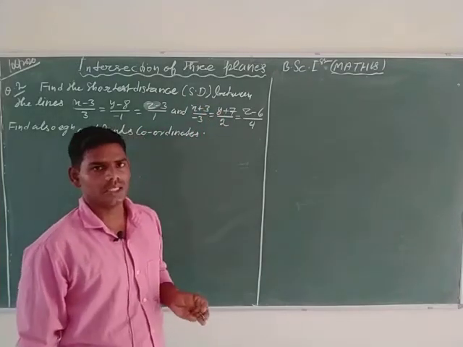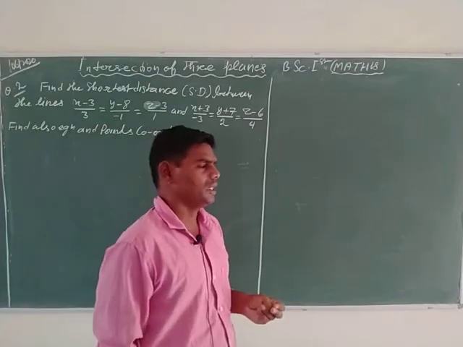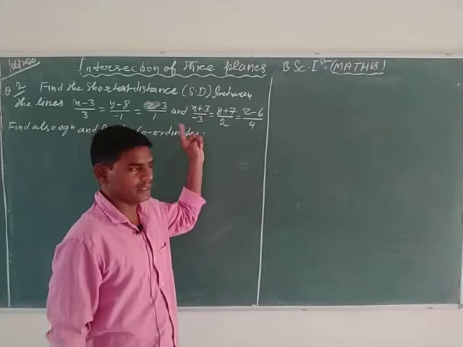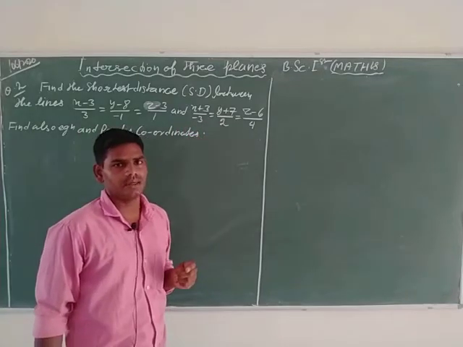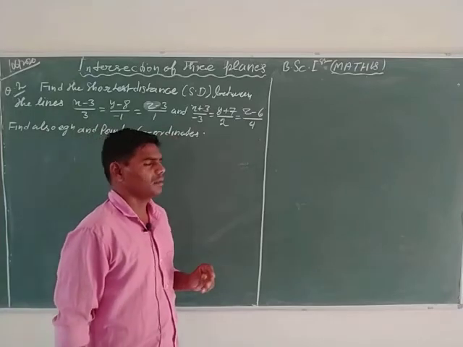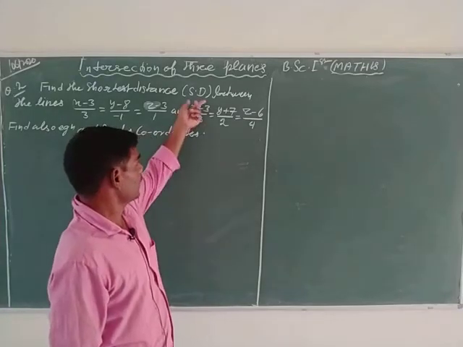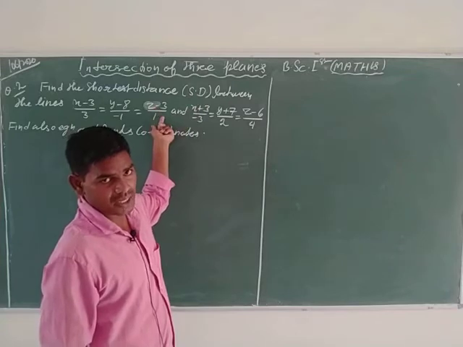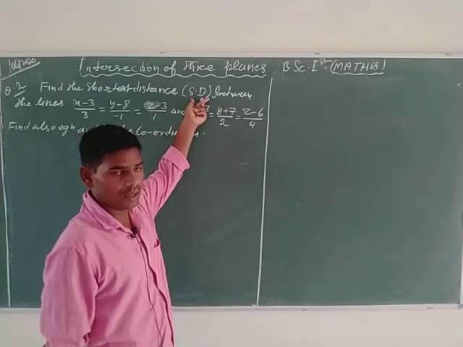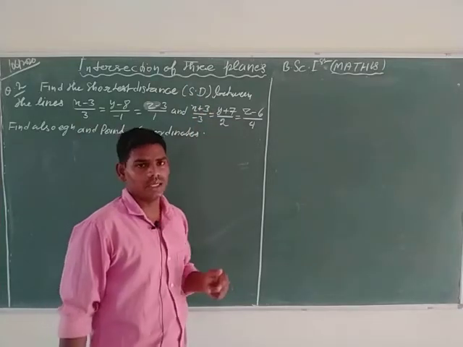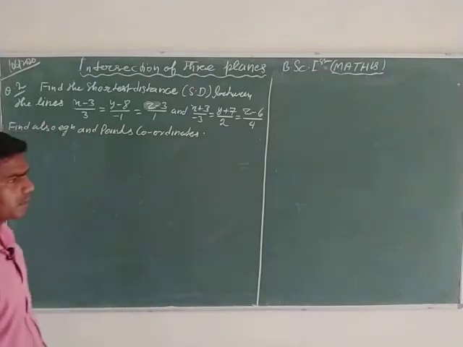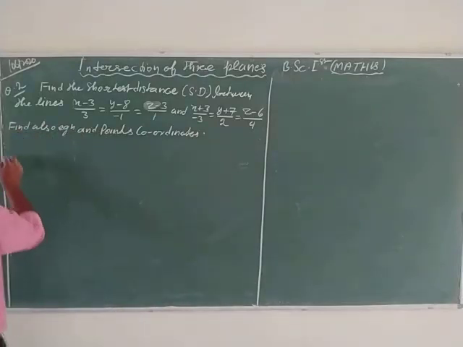You know that the shortest distance between two given lines is such that it makes 90 degrees with both, meaning the angle between the shortest distance and the first line is 90 degrees, and the angle between the shortest distance and the second line is also 90 degrees. This is the definition of the shortest distance between two lines.